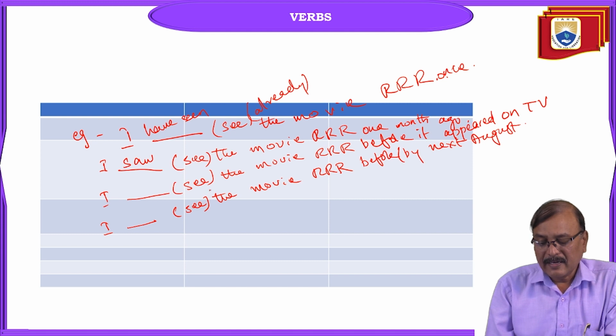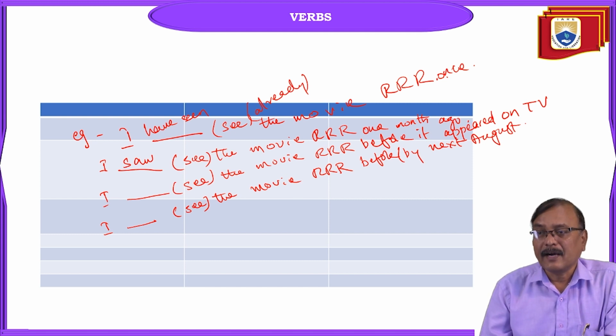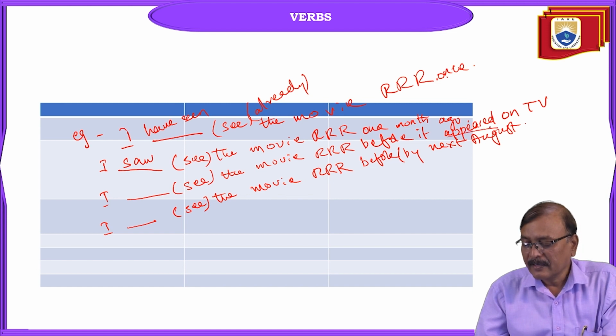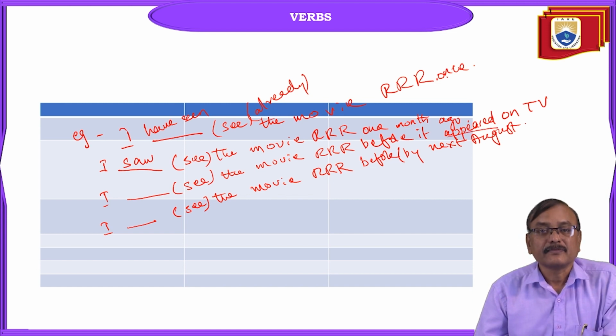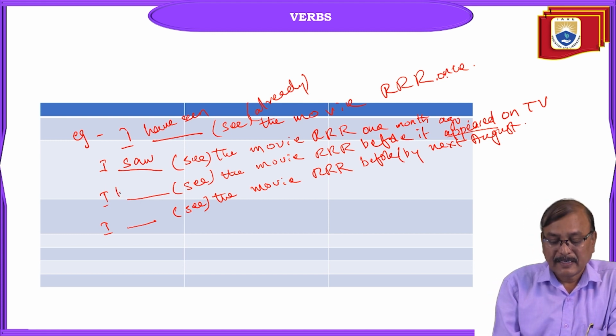Next, I dash see the movie Triple R before it appeared on TV. It appeared on TV channels, on small screen. Is it clear? Before it appeared, I had seen. This is past in past.